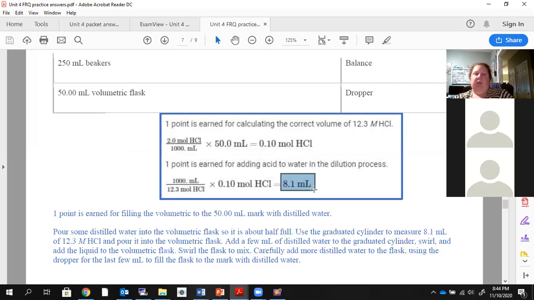This was, if you remember way back when we first started talking about molarity, we talked about how many different methods of doing this math there were. So this is one way of doing it. You could also do this as an, let me doodle on here, you could do this as an M1V1 equals M2V2, where 12.3 is my M1, my V1, I don't know.